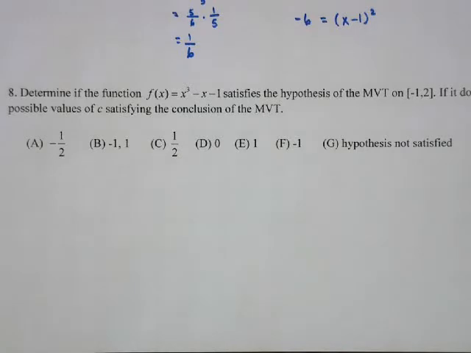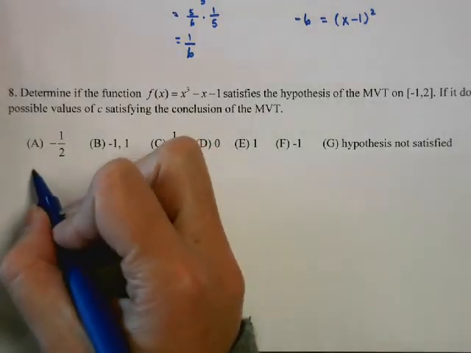Determine if the function f of x equals x cubed minus x minus 1 satisfies the hypothesis. It does. All these polynomials are going to be continuous and differentiable. If it does, we're going to find the value of c satisfying the conclusion.